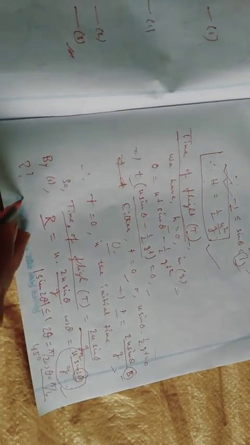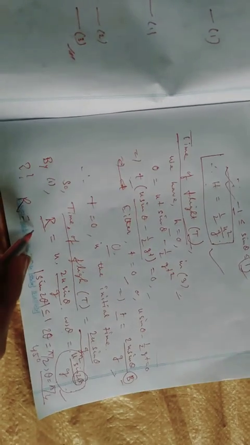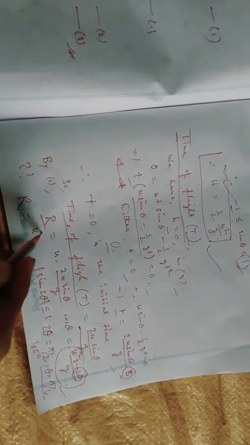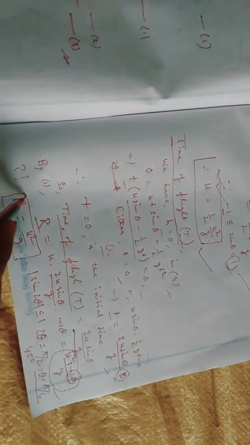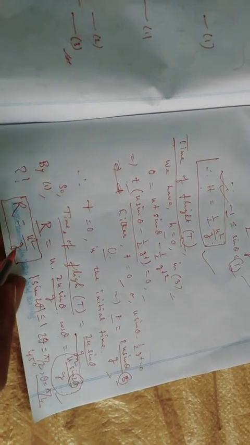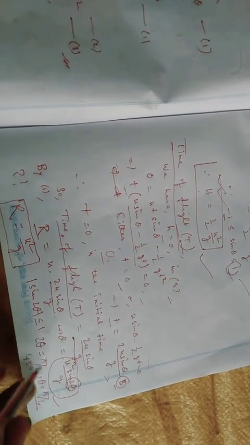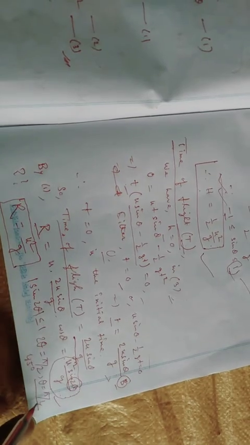And the maximum distance will be just u square by g. The maximum horizontal displacement will be u square by g, and the angle required is 45 degrees.